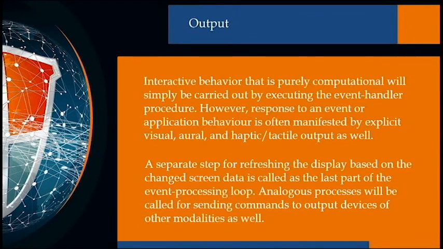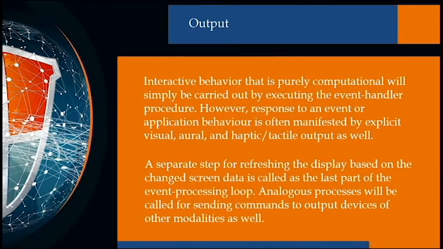Okay, we're now done with the last part, the output. So here, interactive behavior that is purely computational will simply be carried out by executing the event handler procedure. However, response to an event or application behavior is often manifested by explicit visual, oral, and haptic tactile output as well.